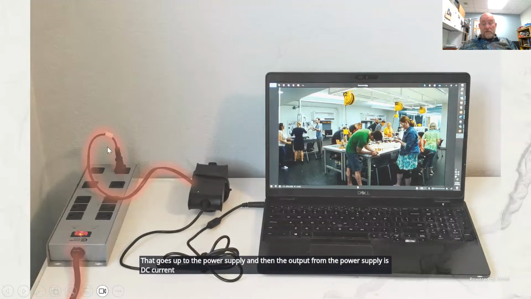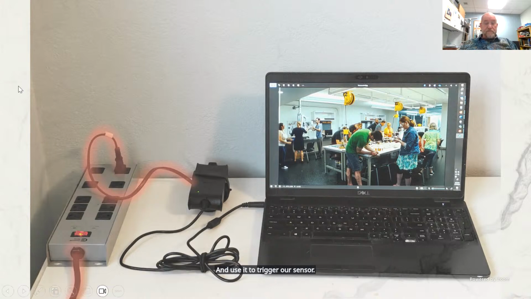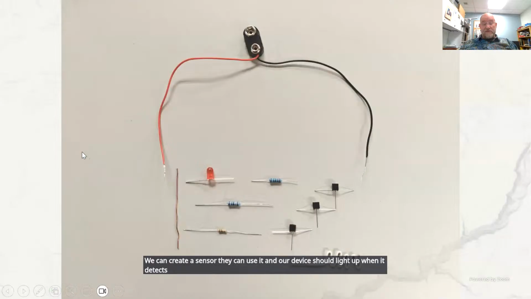But because of the voltage and current flowing through here, there is what we'll call energy that leaks out through the wires. And we can detect that energy and use it to trigger our sensor. So this is how this works. We can create a sensor, and our device should light up when it gets near a wire like this.